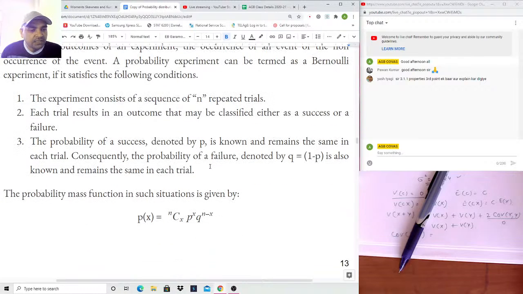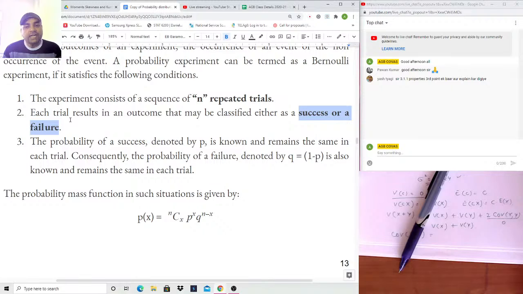And what are those conditions? The experiment consists of a sequence of n repeated trials. Each trial results in an outcome that may be classified as a success or a failure. That is, either you get what you want or you don't get what you want.